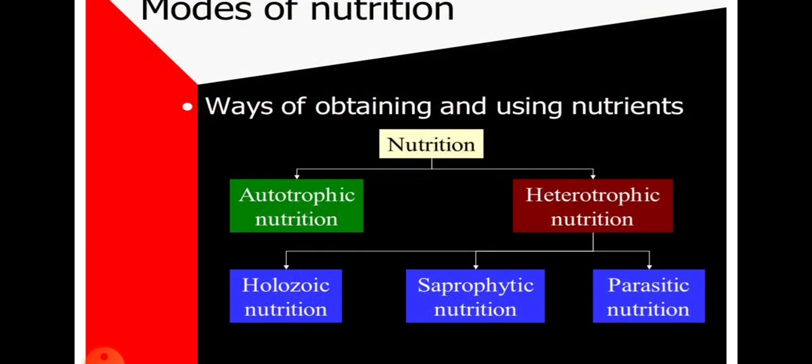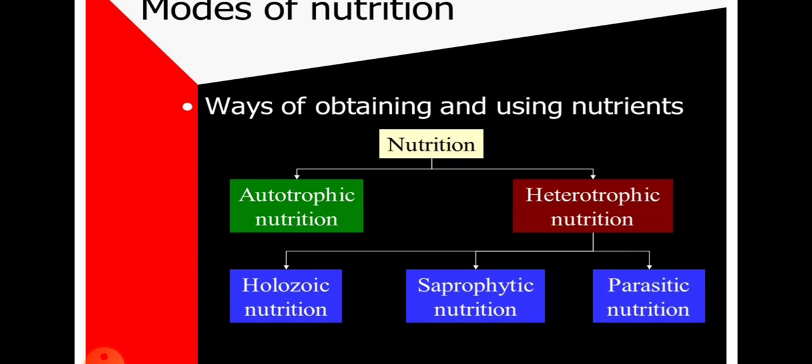Now, next is modes of nutrition. Methods of obtaining food are called modes of nutrition. On the basis of their modes of nutrition, all organisms can be divided into two main groups.